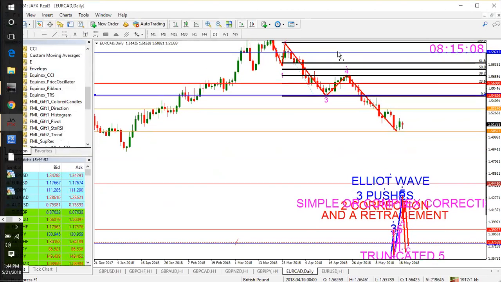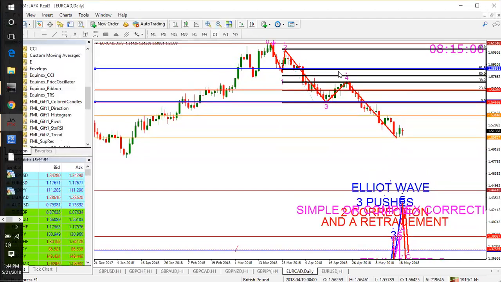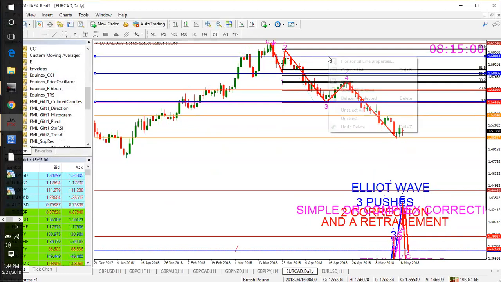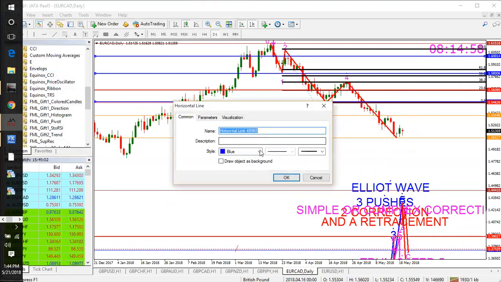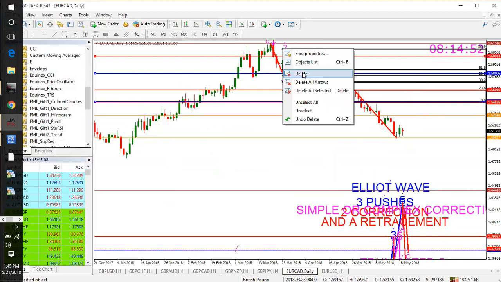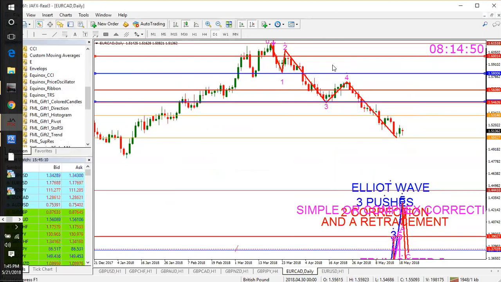My take profit was on the previous low. Then I will enter in right here for a sell. Let me turn this one to red. Okay, so now let me eliminate the fib. So this was my first entry. We enter in right here after the first correction.